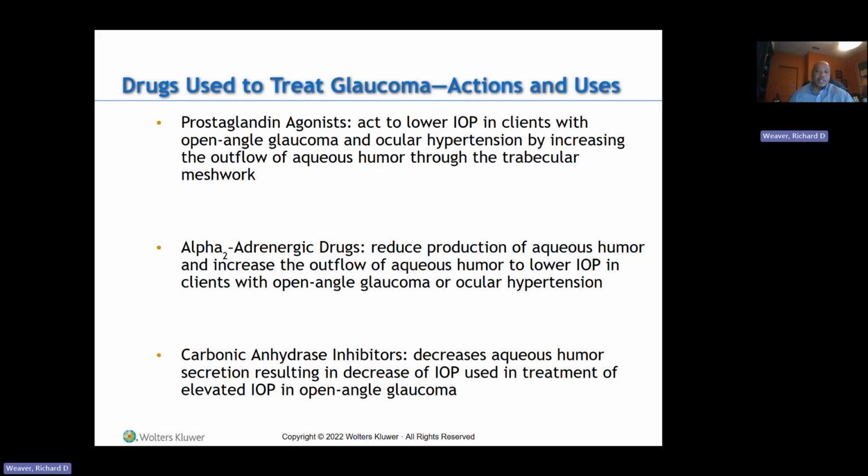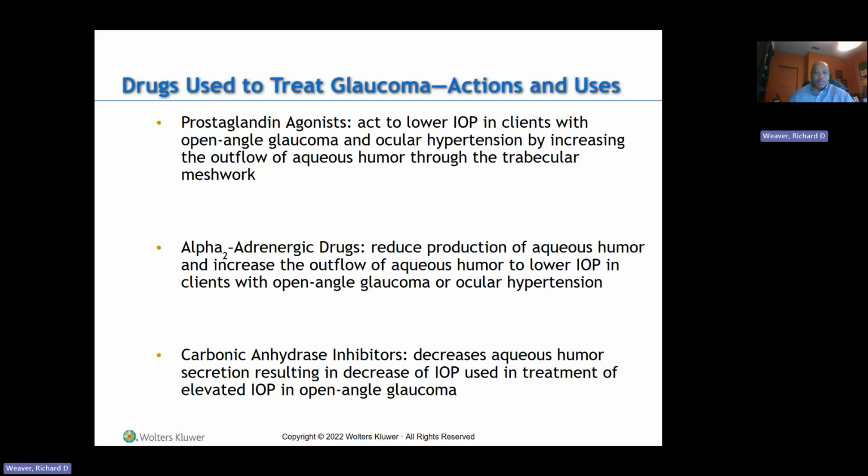Now, these drugs act to lower the intraocular pressure by increasing the outflow of aqueous humor through the trabecular meshwork. That's the area that absorbs, like a meshwork of capillaries, the aqueous humor and transports it to the bloodstream. And so this drug actually helps to drain that outflow through the capillaries.